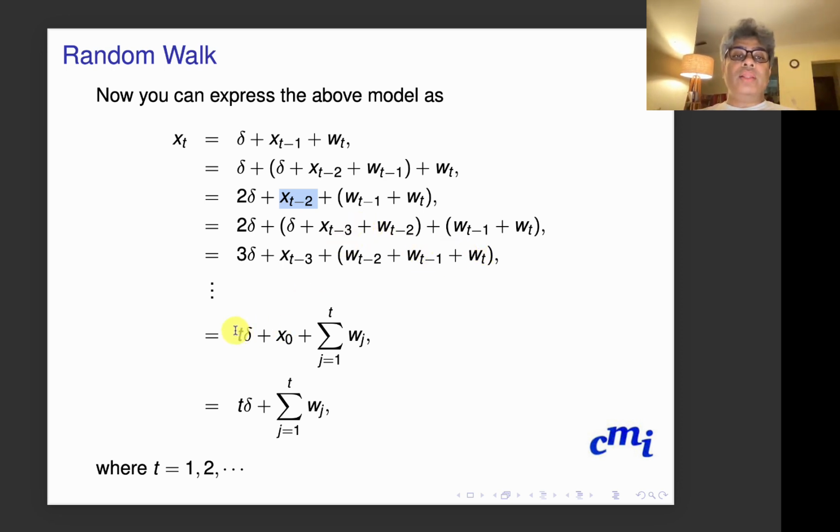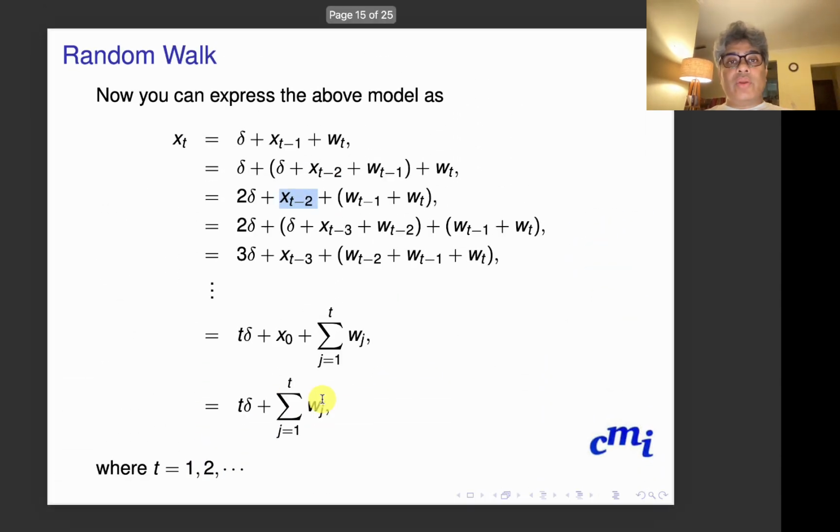If you keep doing it in this way, after t steps you will get t delta + x_0 + summation j equal to 1 to t of w_j. Now x_0 is 0 as our initial condition, so the model reduces to t delta plus summation w_j, j runs from 1 to t.